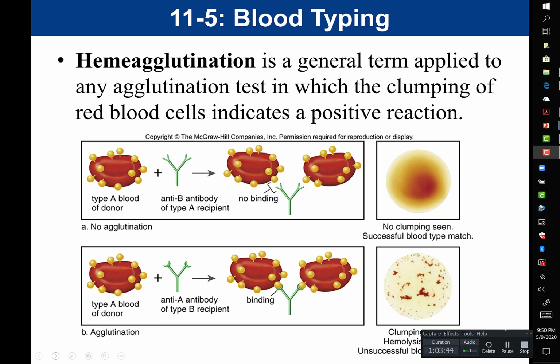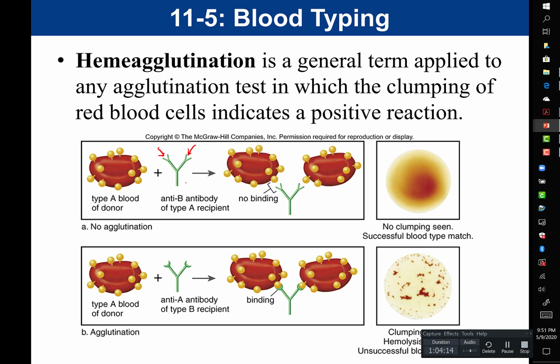And so if we look at the structure of an antibody, it has a Y-shaped structure, and it has two binding sites for an antigen. And so an antigen is any substance that elicits an immune response. So what you're looking at is that this antibody here, this is an anti-B antibody.